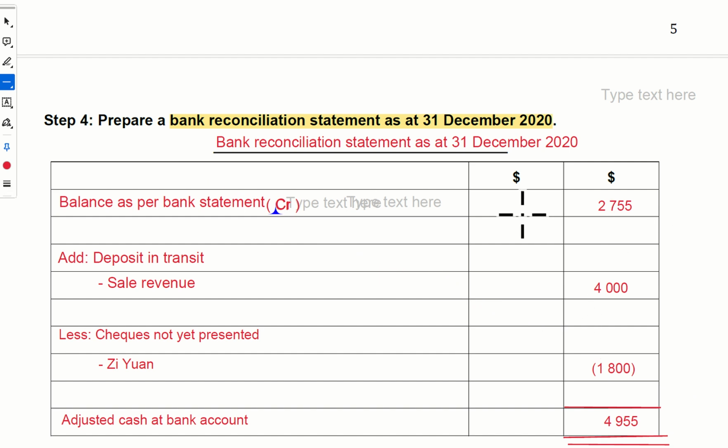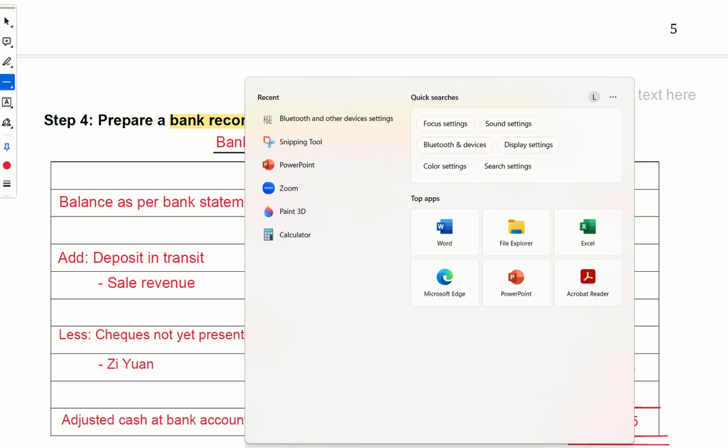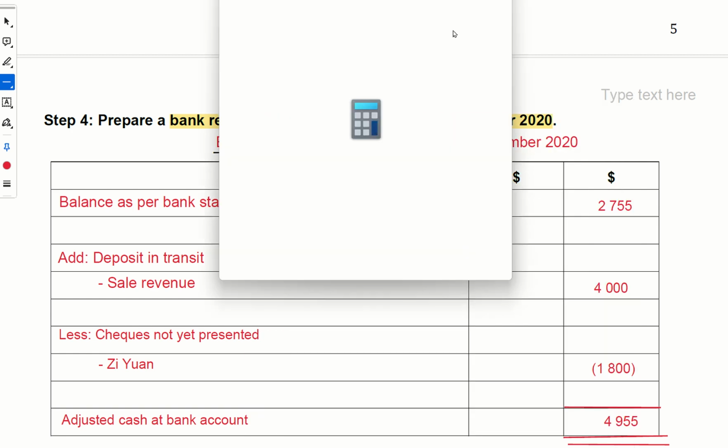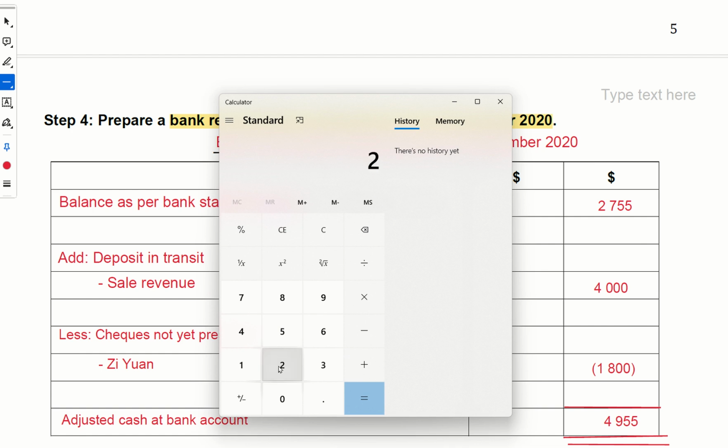Now you're going to take your calculator and calculate 2755. Okay, wait, I have a calculator. So I'm going to calculate on screen, then you can see. 2755 plus 4000 minus 1800. You should get exactly the same amount.